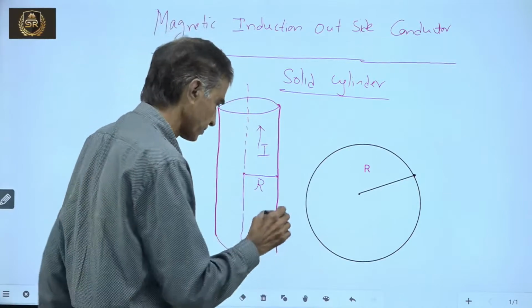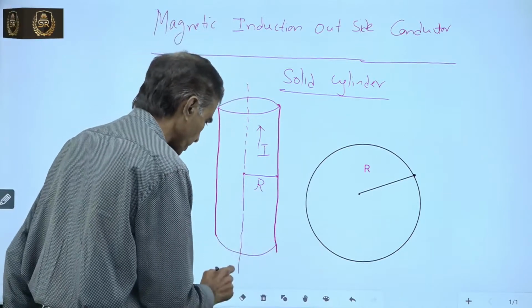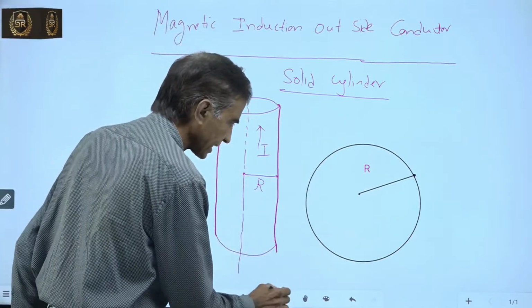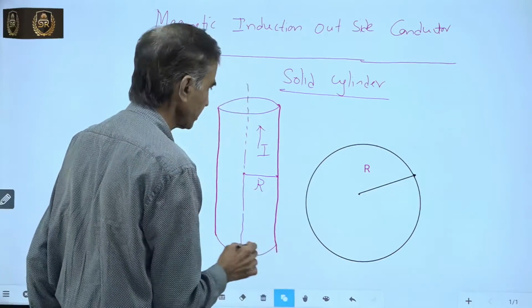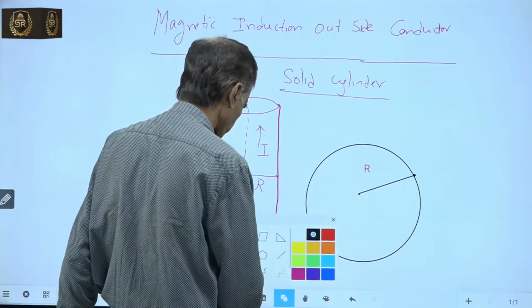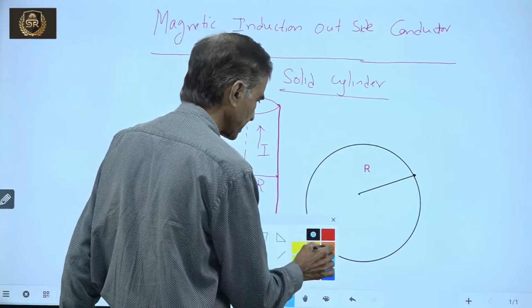We want to find the magnetic induction due to this current carrying conductor outside, at a distance r.